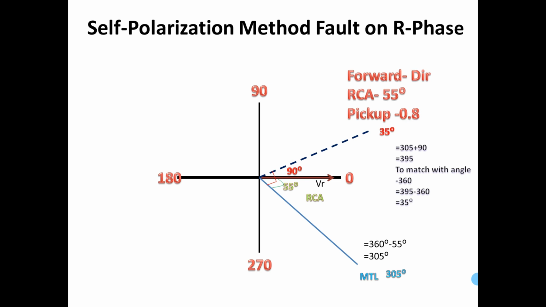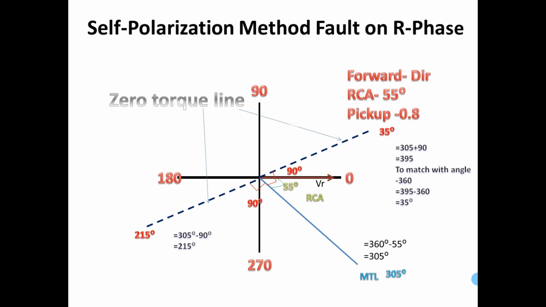Next, from the MTL, that is the maximum torque line, make 90 degrees in the clockwise direction and draw a line. To find this line angle, subtract 90 degrees from 305 degrees. We get 250 degrees. These two lines are also known as zero torque lines.